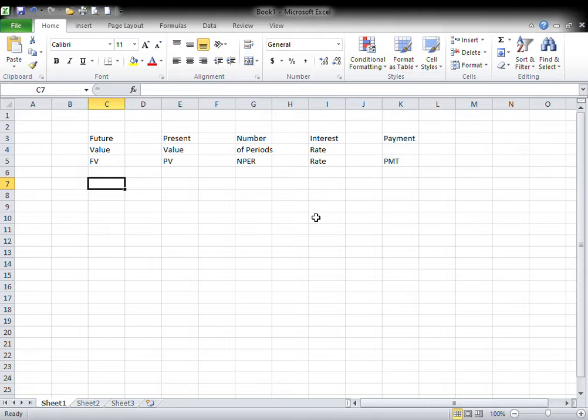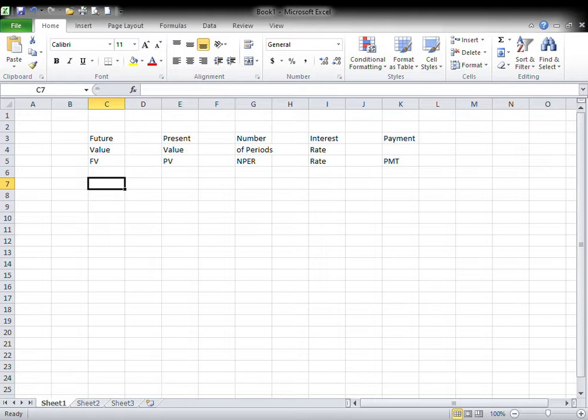For example, how much is $1,000 deposited in a bank at 8% for 10 years going to be worth? We're taking a certain amount of money today and looking at what it is going to be at some time in the future.